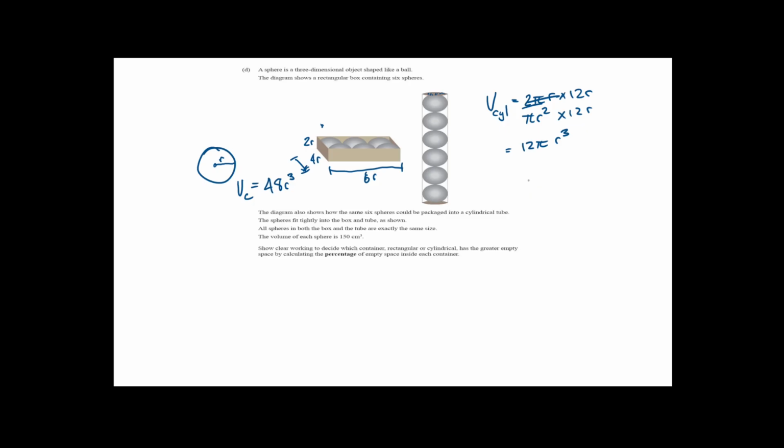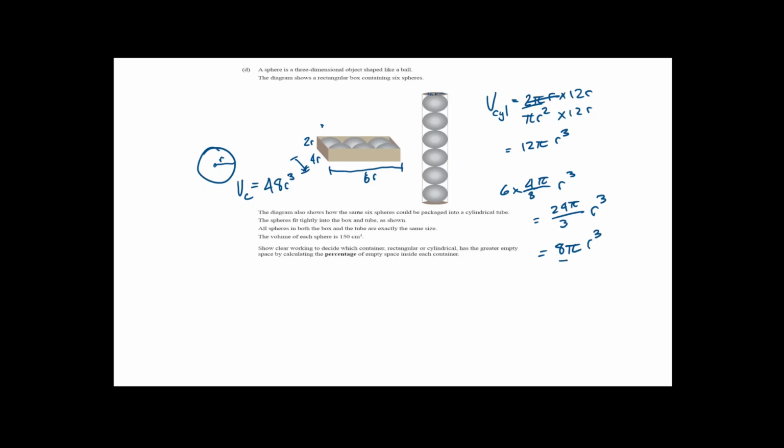So each sphere is 4/3 pi r cubed, and there are 6 of them. So that's going to be 24 pi over 3 r cubed, which is going to be 8 pi. 24 divided by 3 is 8 pi r cubed.